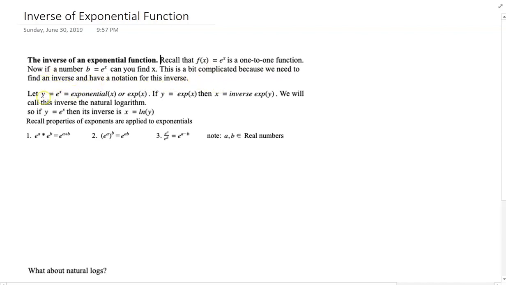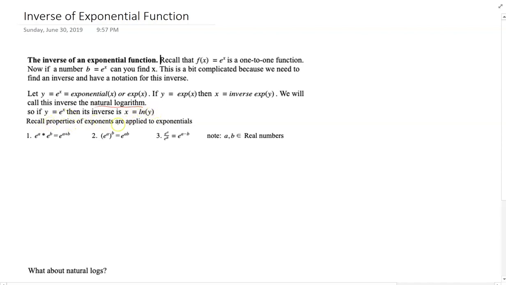So let's do a setup. y is equal to e to the x, the exponential of x, or exp of x. If y is equal to exp of x, then x is equal to the inverse exp of y. We need to call this inverse some name, so we call it the natural logarithm. So if y is equal to e to the x, its inverse is x equals ln y, right?